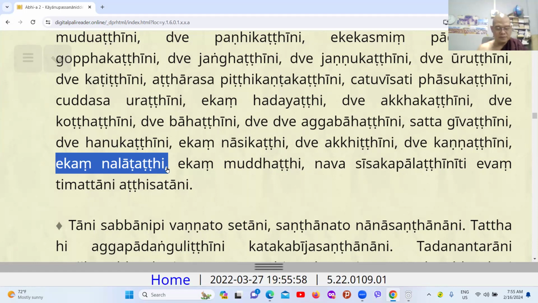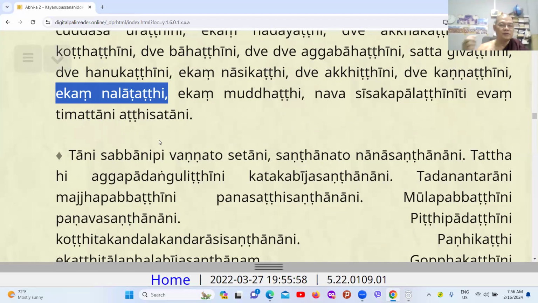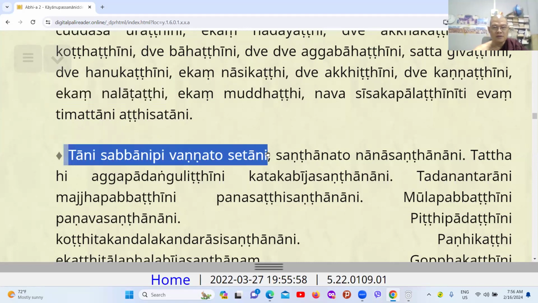Just the bone. Any bone, whenever we reflect on a bone, we can reflect on any bone as repulsive.